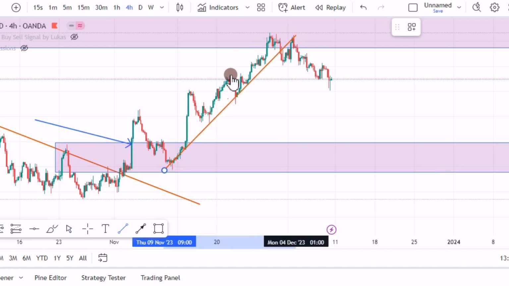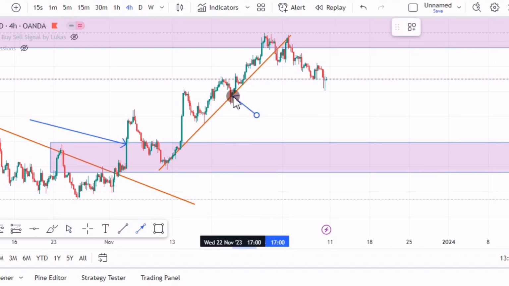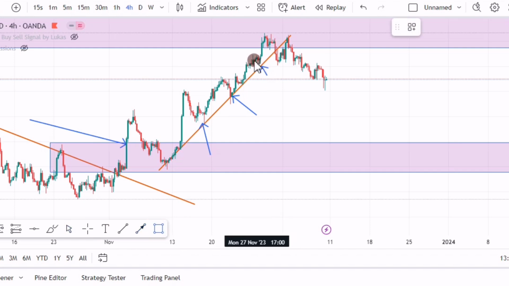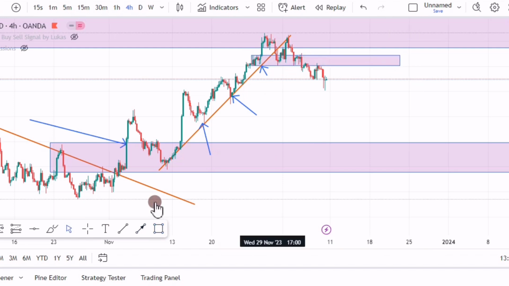There was an upward trend line. You mark the areas touching the trend line. You had that one, that one, and that one. So when price closed above that area there, you are supposed to find a sell trade from there or from there.